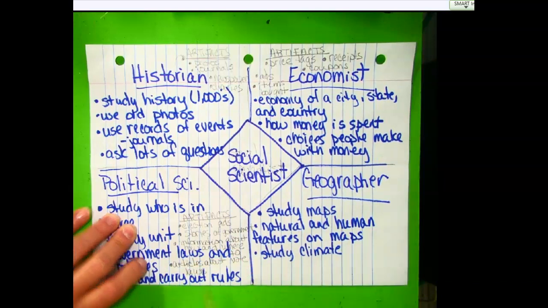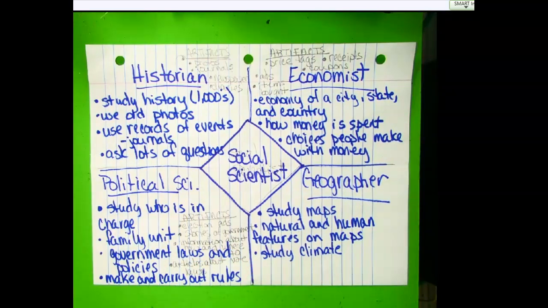So again, artifacts that political scientists would look at would be election ads, stories of government, information about how and where to vote, and articles about laws.